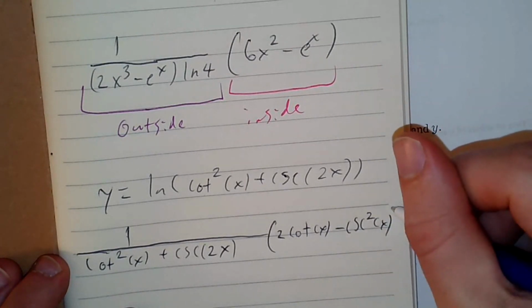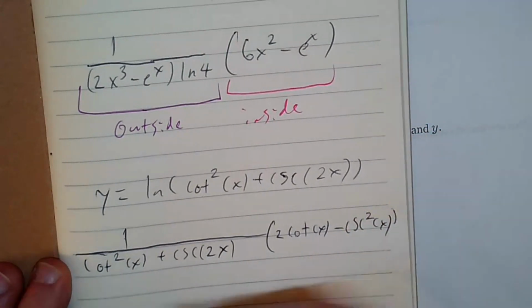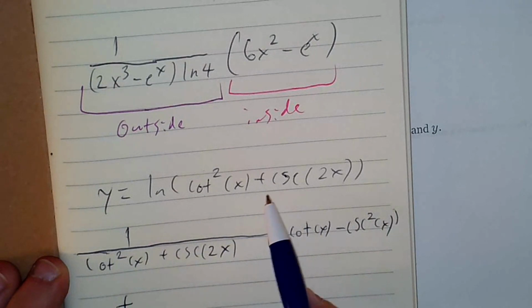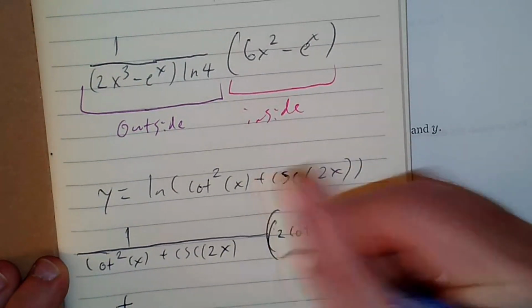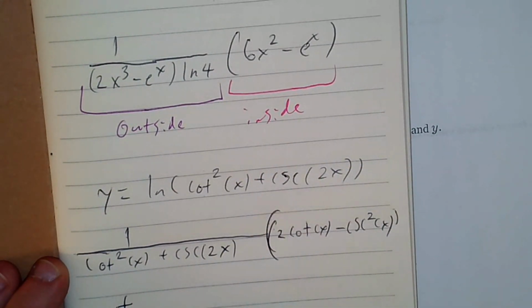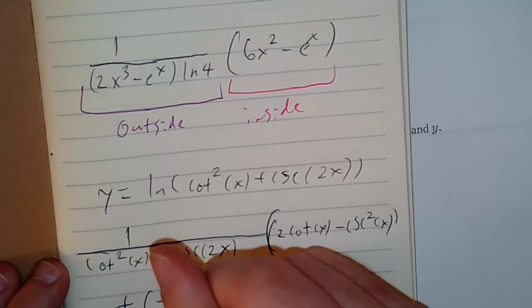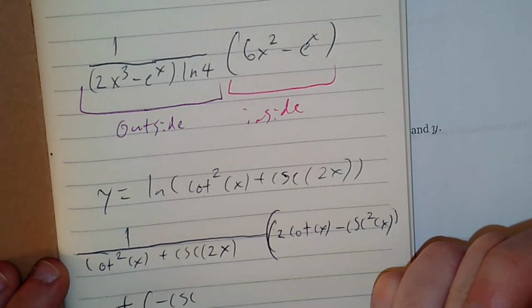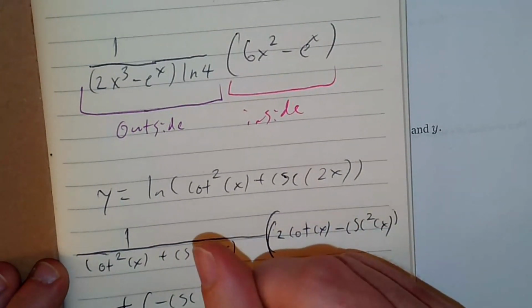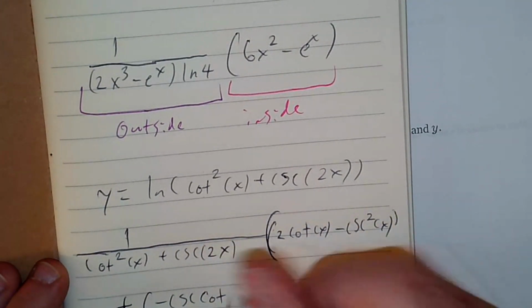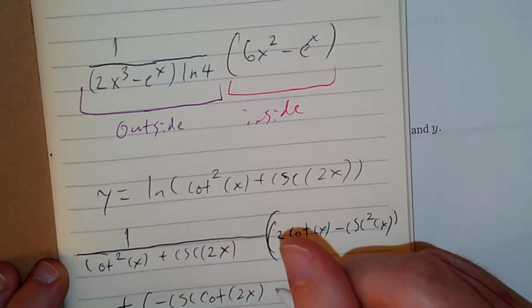And then, this is all one big parentheses, plus the derivative of cosecant, which is negative cosecant cotangent. So this is negative cosecant cotangent 2x times 2.